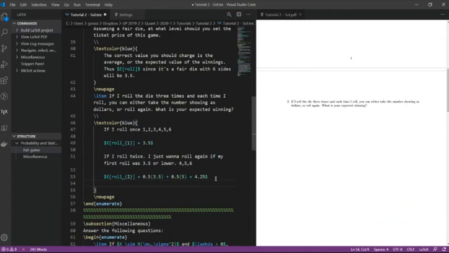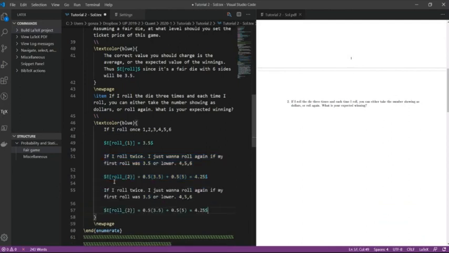So if I roll twice, then my expected value, so the fair value of a game of rolling twice, should be 4.25. Now, if I roll thrice, then I just want to roll if I get something on my third roll greater than 4.25, right?